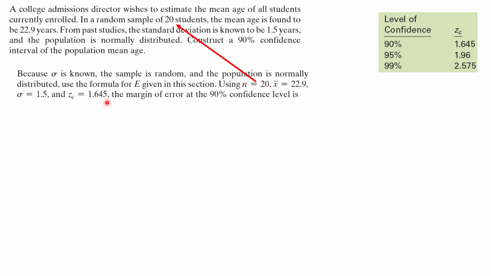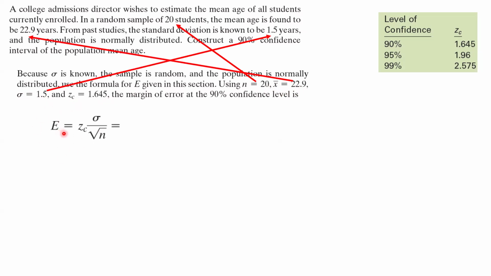N is 20 because the random sample has 20 people. X bar for the sample average is 22.9. Sigma is 1.5 years, the standard deviation of the population from past studies.